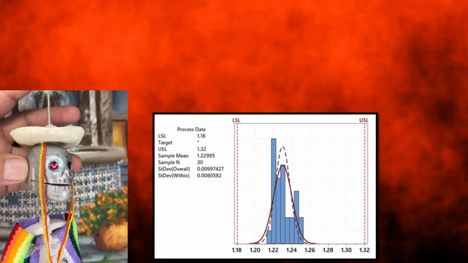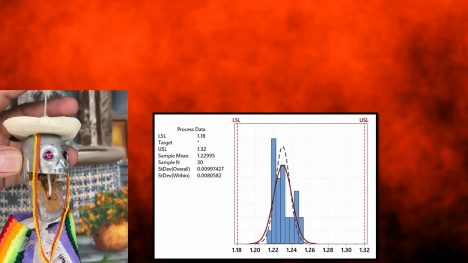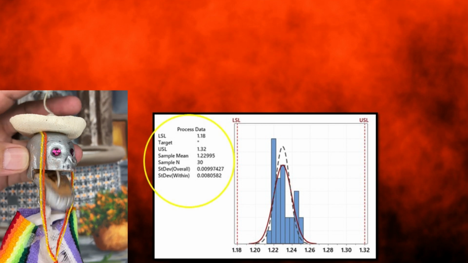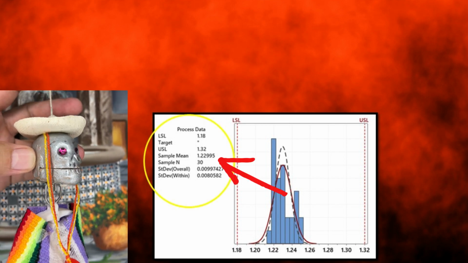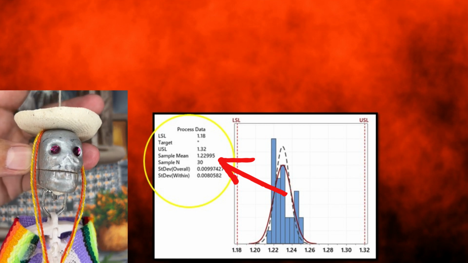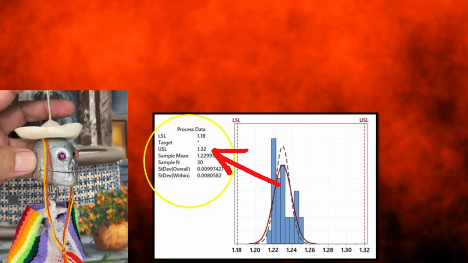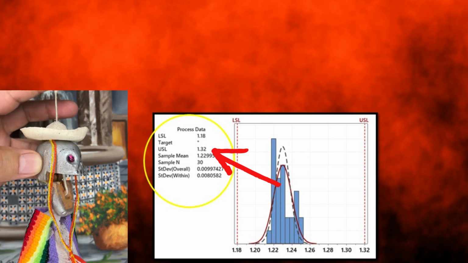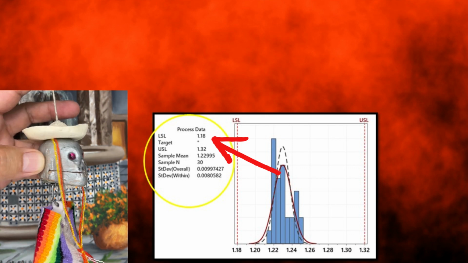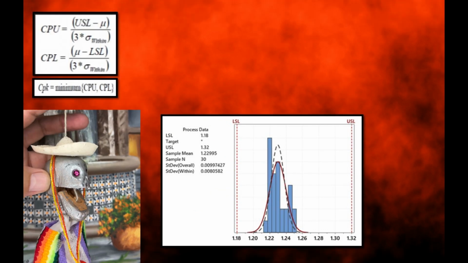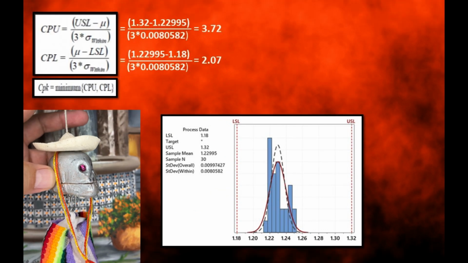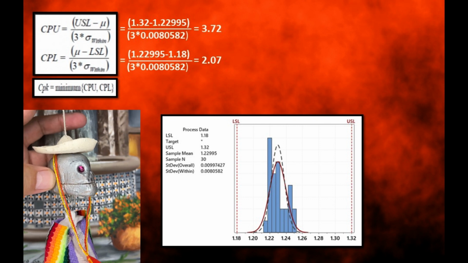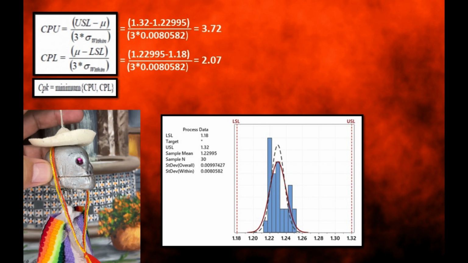Let's review an example. In this example, we already use Minitab to calculate the mean of the 30-piece sample. By the way, a lot of people use 30 as a magic number. Also, we graph from the print the upper and lower specification limits. Using our formulas, we substitute the values for the upper specification limit, the mean, and the standard deviation of the sample.